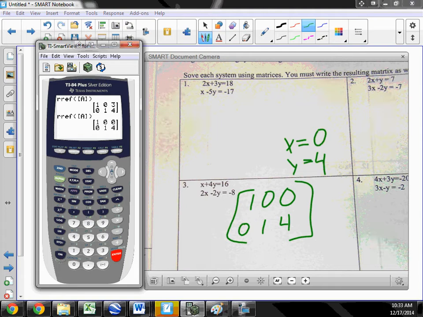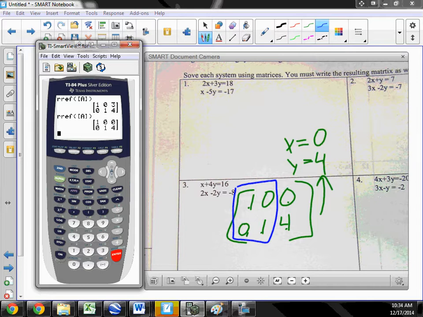So you use this to find those. So this says x equals 0, y equals 4. Now, did you notice that this pattern was the same in both matrices' answers? That will always happen when there's one solution.